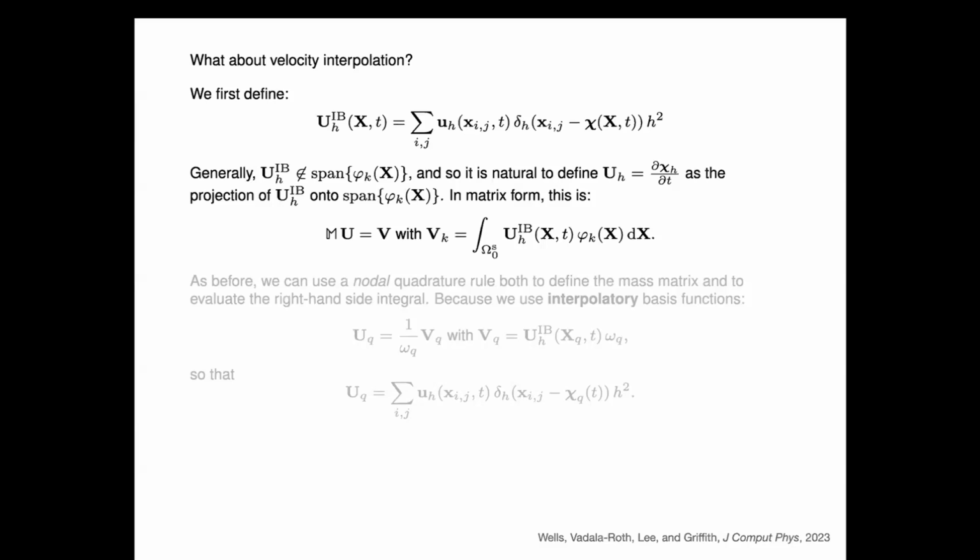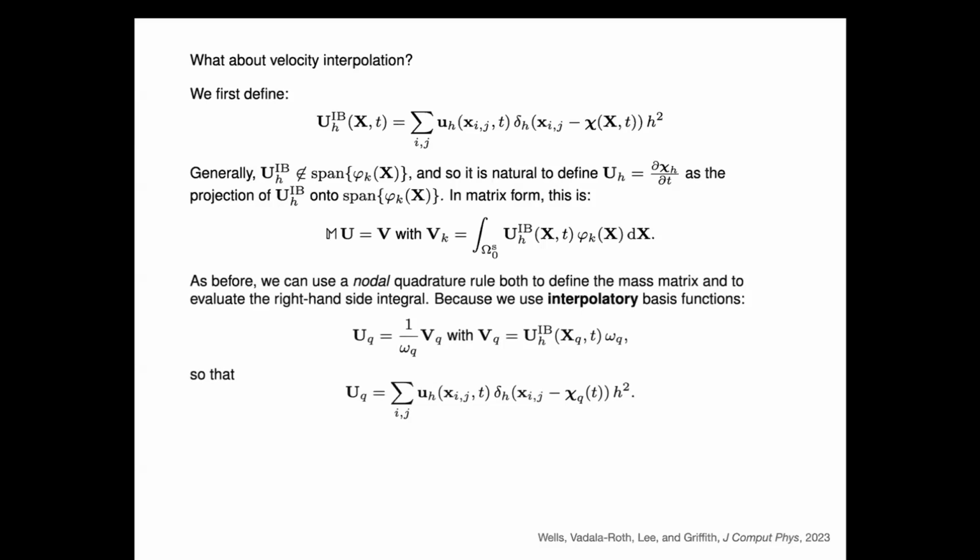So if you approach this like you're trying to build a finite element method, what you might think to do is to take this velocity field that you want to use to determine the motion of the structure and project it onto the basis functions. And indeed, that's what we do. At the end of the day, you need to compute integrals of this immersed boundary velocity field times the basis functions, and you need to use a quadrature rule for that.